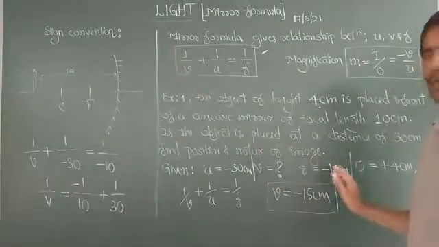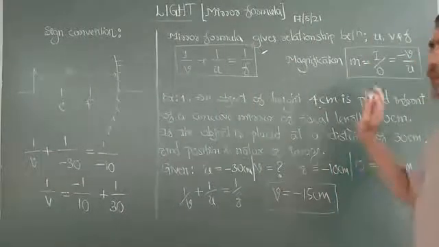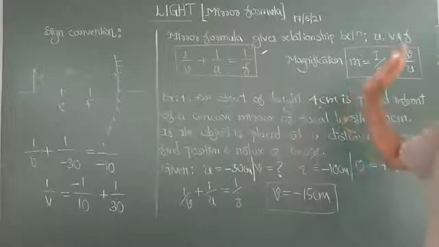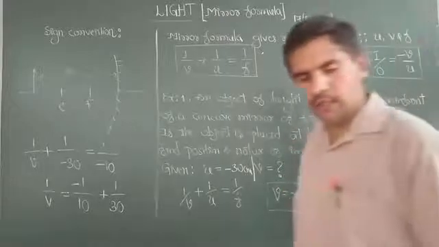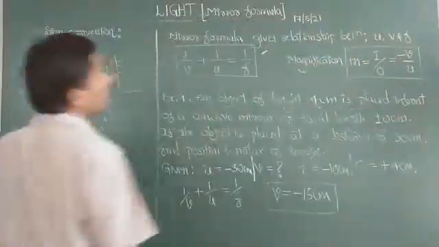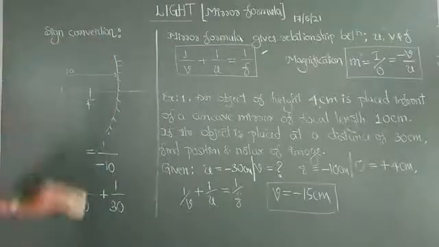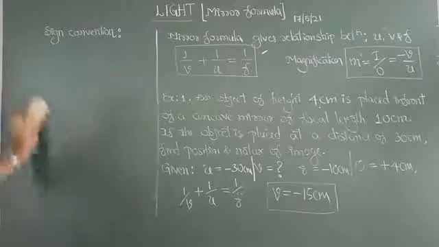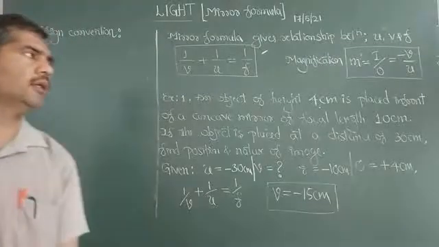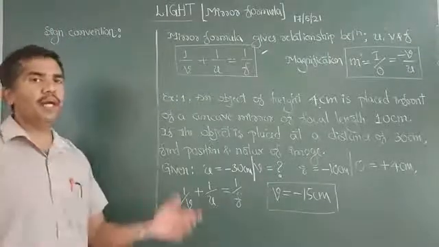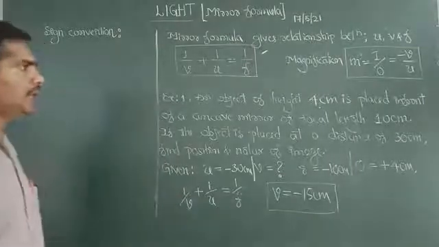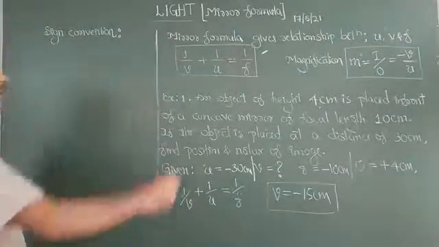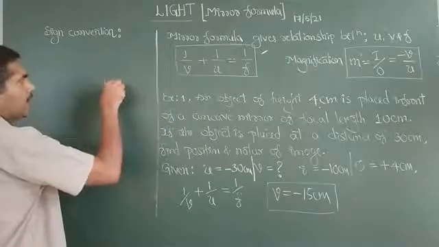Next I shall go for magnification. Magnification is the ratio of height of image to height of object. That means just a comparison. When you compare to the height of the object, whether image is bigger or smaller. Let me take one simple example. Object height is given 4 centimeter.